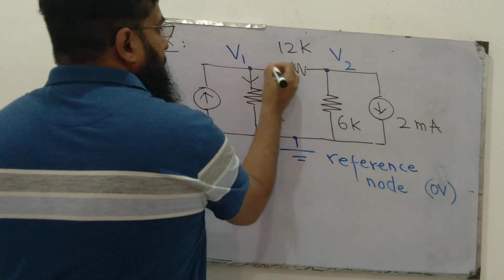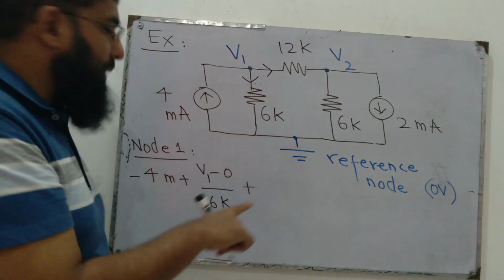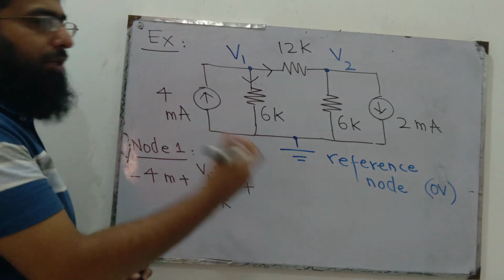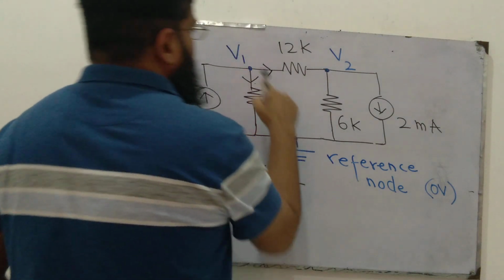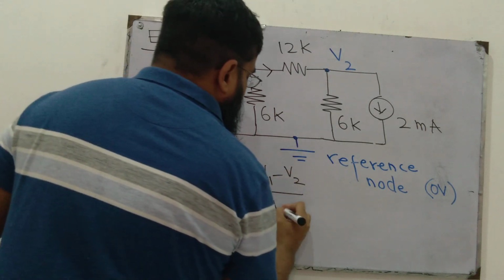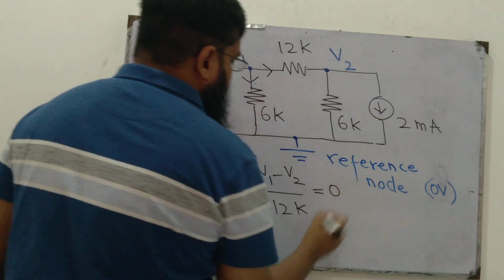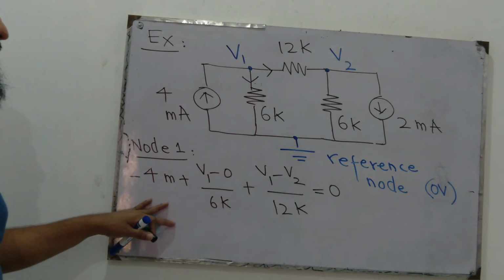Plus, we'll assume current to be rightwards because we are writing the equation for node 1 and we have assumed that its voltage is the highest. So V1 minus V2 is the voltage drop across this 12K resistor, and dividing it by 12K gives us the current. So this is how we can write the equation for node 1.